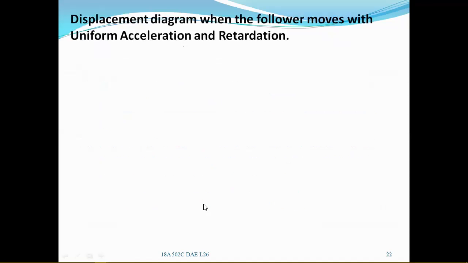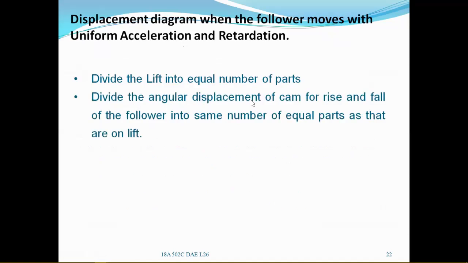In the displacement diagram, the follower moves with uniform acceleration and retardation. Divide the lift into an equal number of parts. Divide the angular displacement of the cam for rise and fall of the follower into the same number of equal parts as on the lift.